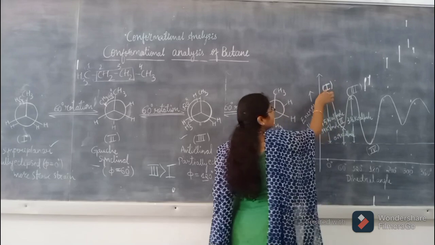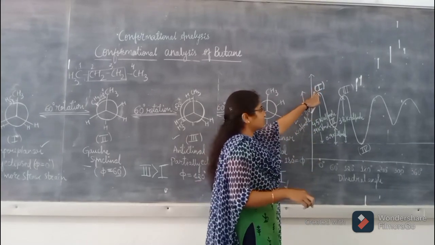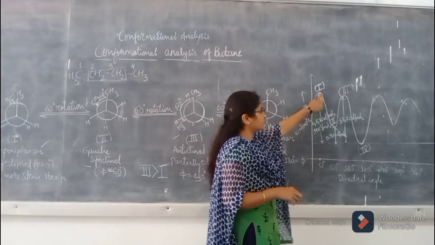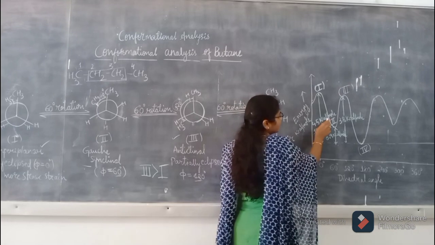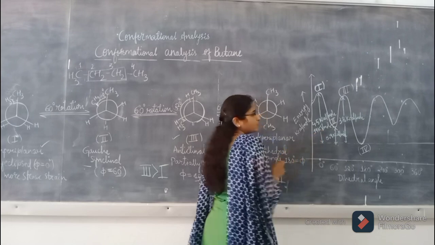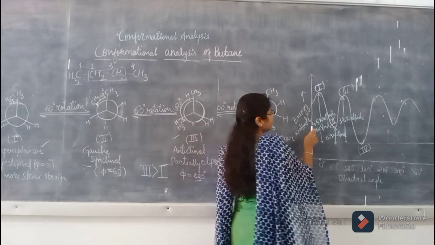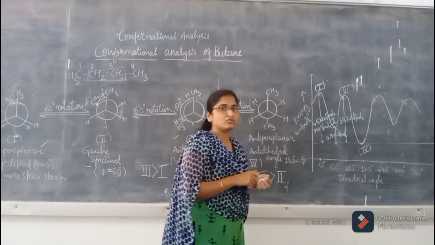It has higher energy, so represent it at the higher energy level and at 0 degrees. It has 4.5 kilocalories per mole, that is 19 kilojoules per mole, energy difference from the lower energy level.